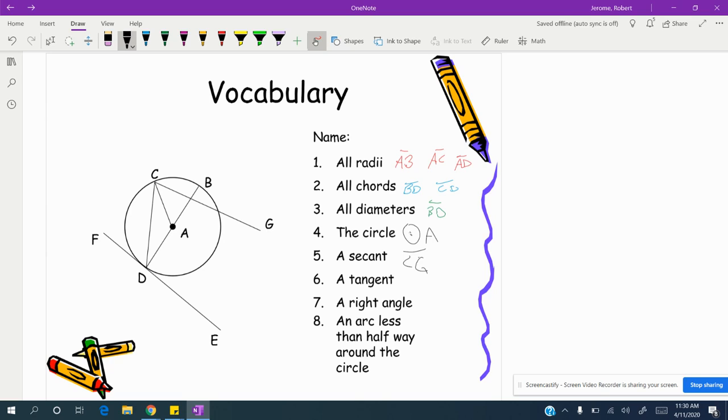We're asked to name a tangent. So a tangent lives outside the circle, touches the circle at exactly one spot. So our tangent is going to be out here, and we can call it something like EF.